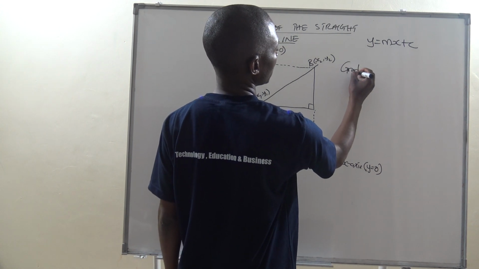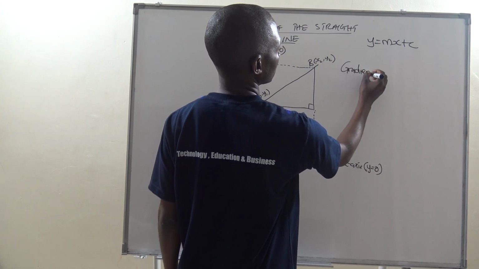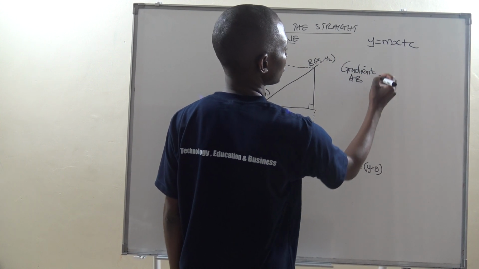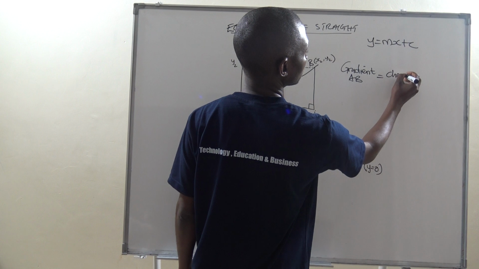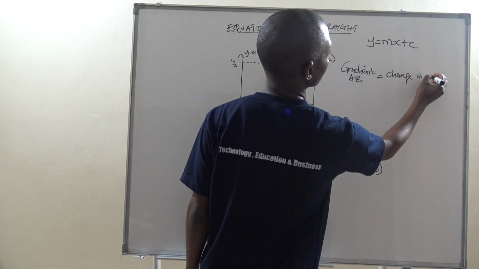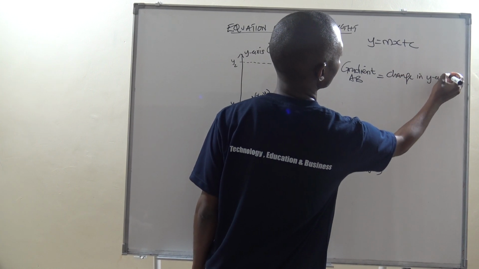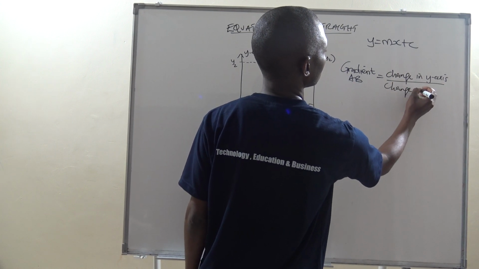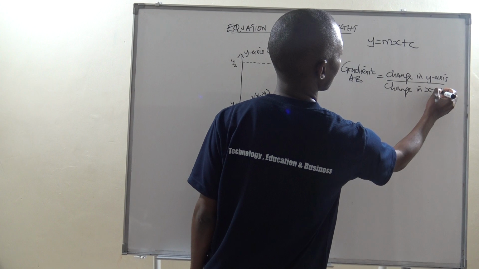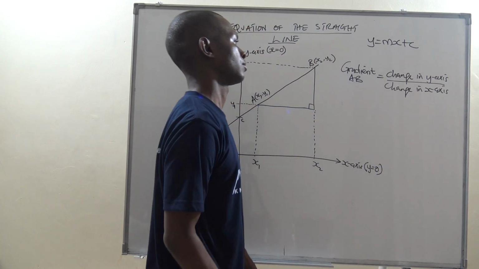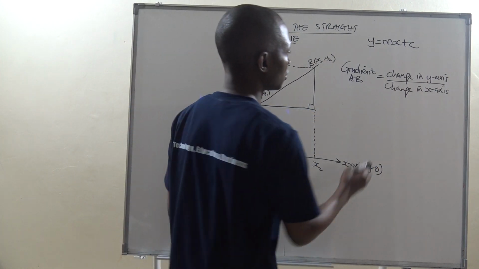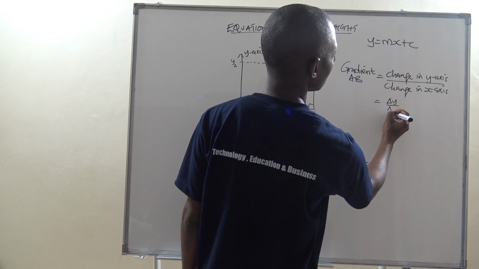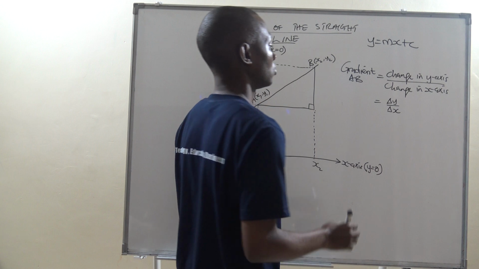The gradient of the line AB is got from the change in y over the change in x. I can use a triangle symbol to mean change in y divided by change in x.